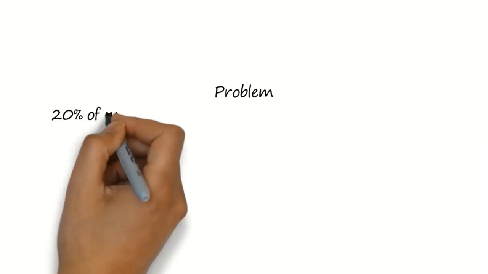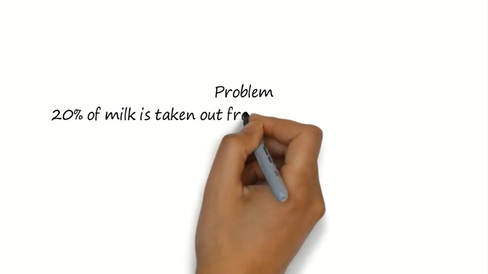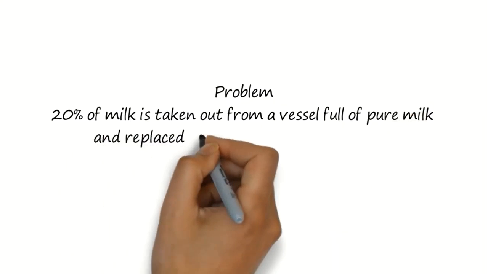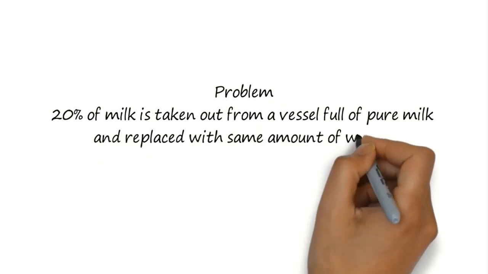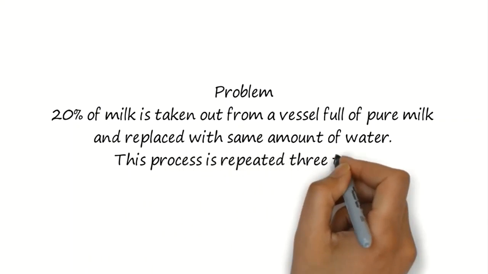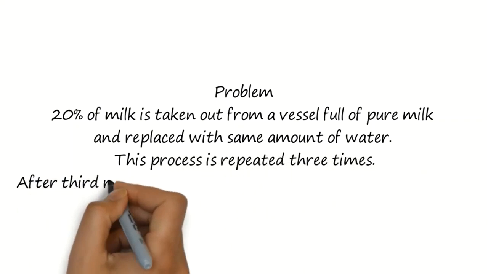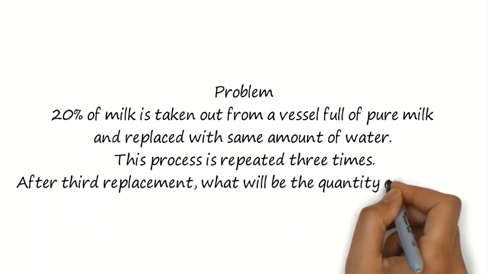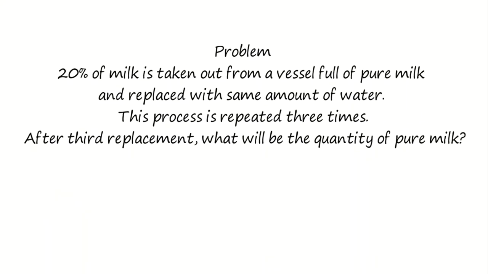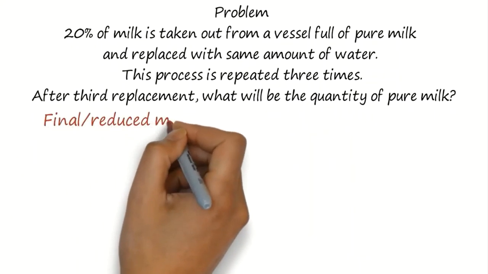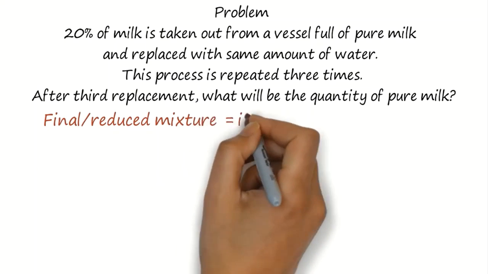Now let's consider this problem which states 20% of milk is taken out from a vessel full of pure milk and is being replaced with the same amount of water, and this process is repeated thrice. The question is, we need to find the final or the reduced quantity of milk. We now know the simplified formula to calculate the reduced mixture.